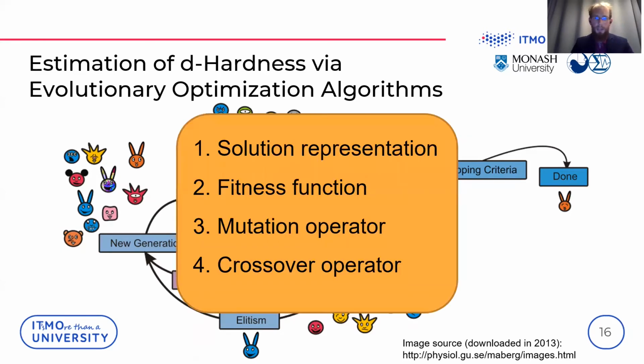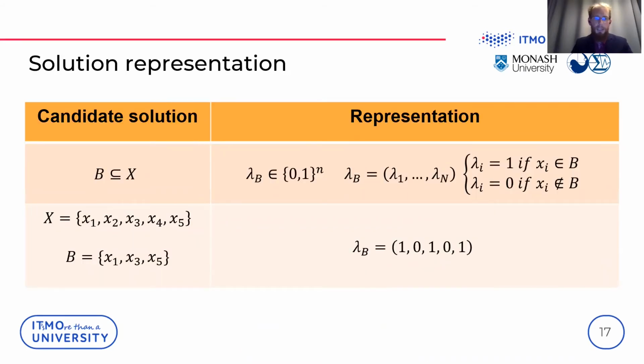In evolutionary algorithms, we have to define the representation of the solution, the fitness function, the mutation operator, and the crossover operator. So in our case, the candidate solution is a subset of the set of variables X. To represent this set, we use a Boolean string in which each element corresponds to having or not having a particular variable in the set.